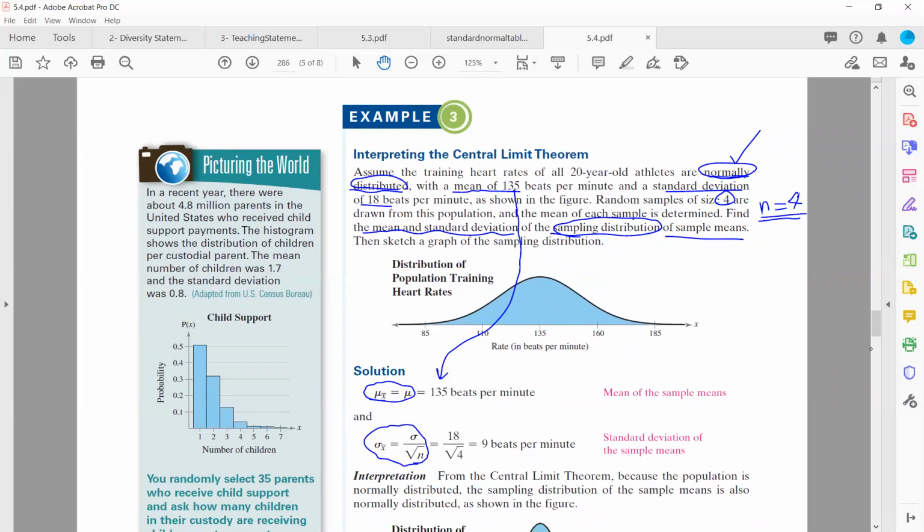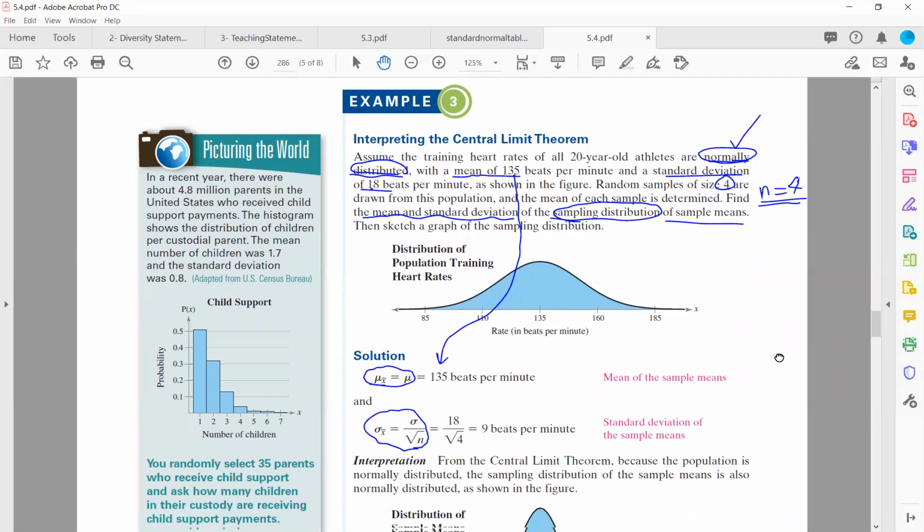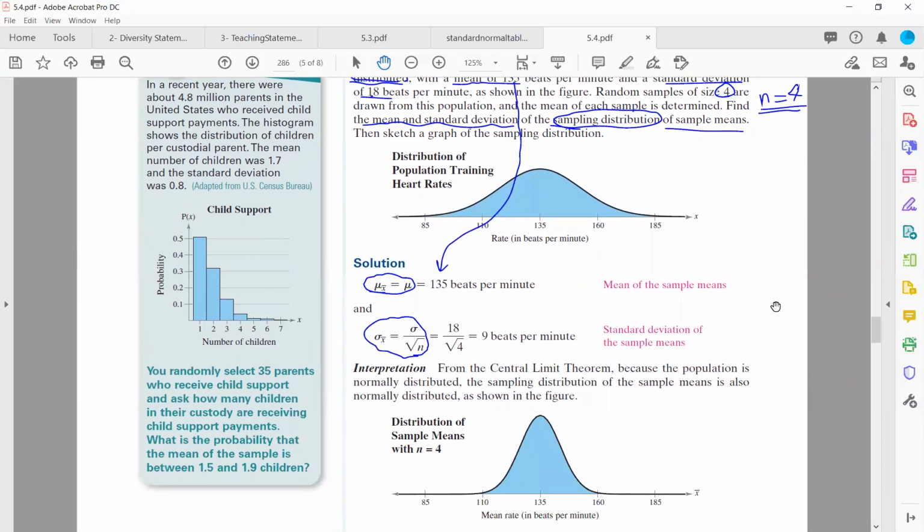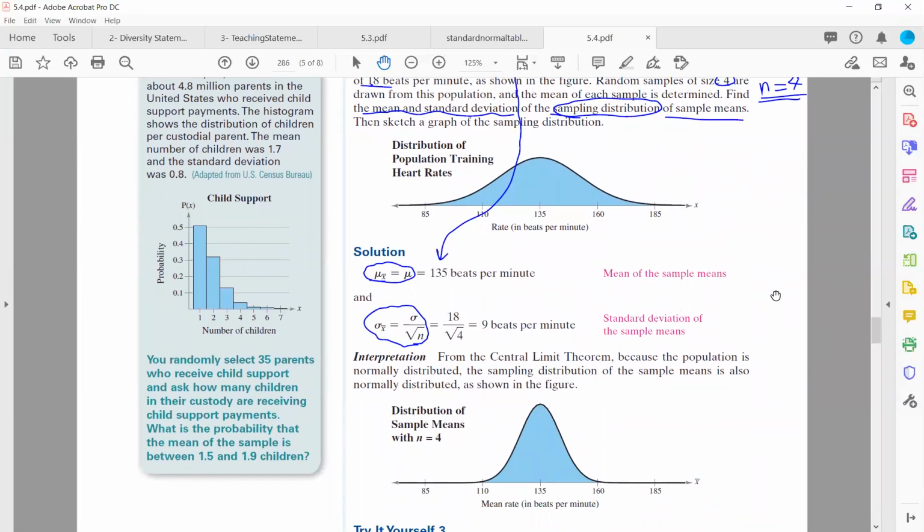It's the standard deviation of the population divided by the square root of n. The standard deviation of your population is 18 divided by the square root of 4. 18 divided by 2 is 9. So your sampling distribution of the means has the same exact center with a smaller standard deviation.